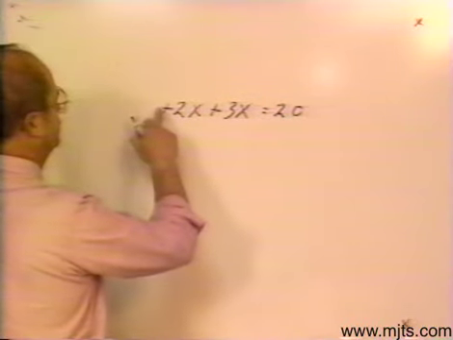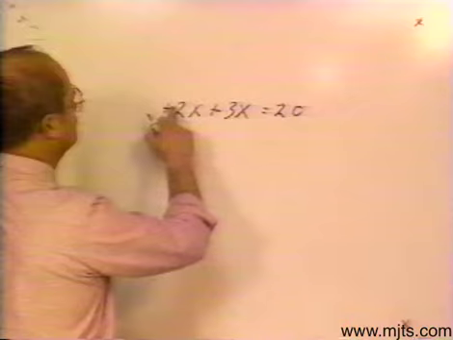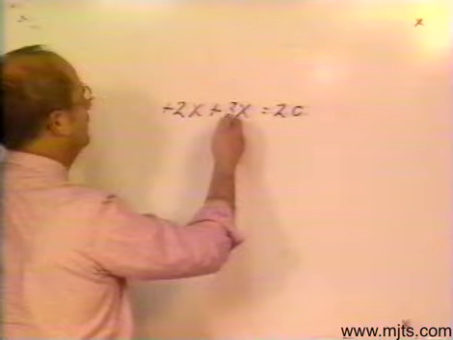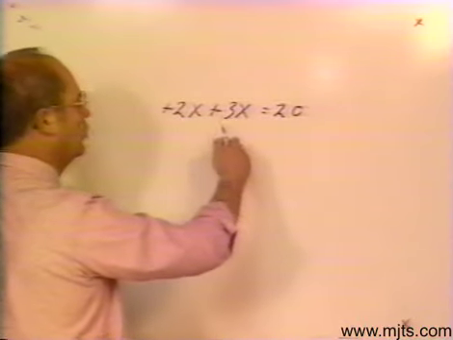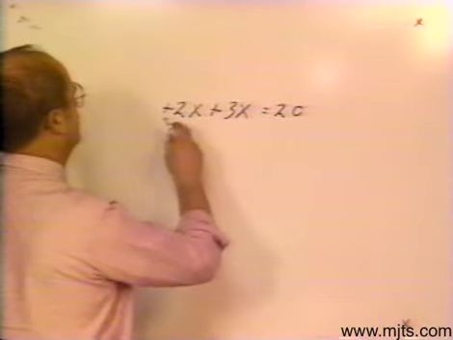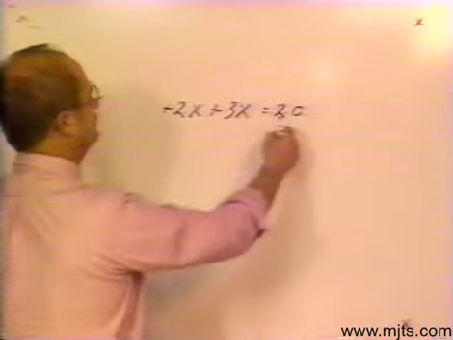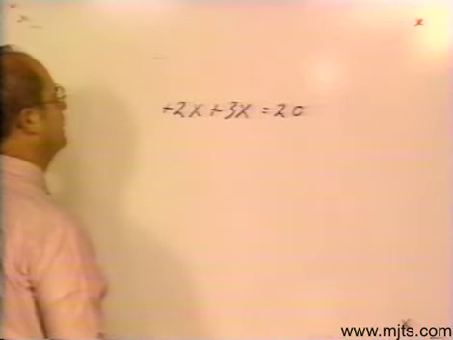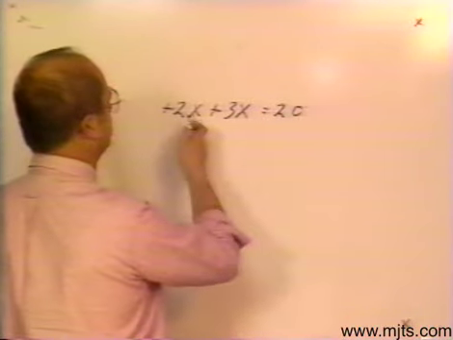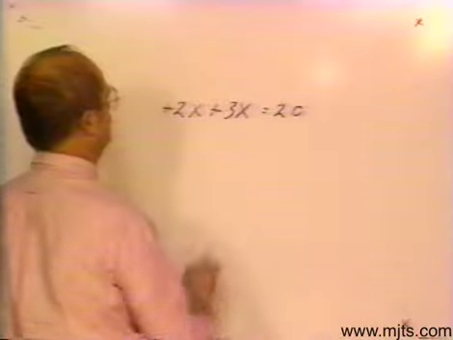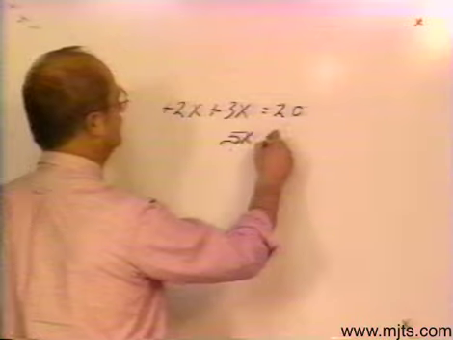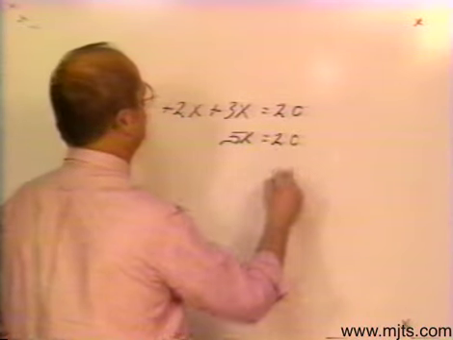If this happened to be a minus 2x plus 3x, you see, then I would have a plus 1x or x left over, and in that case I would have x is equal to 20. Now, if I had other whole numbers out here, then I would have to join them together as well. But here I have 5x is equal to 20.